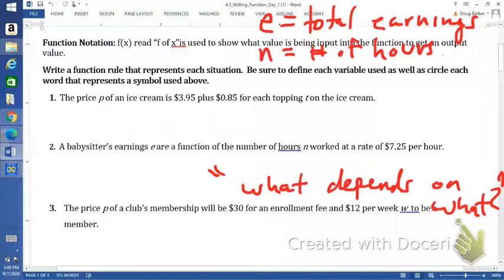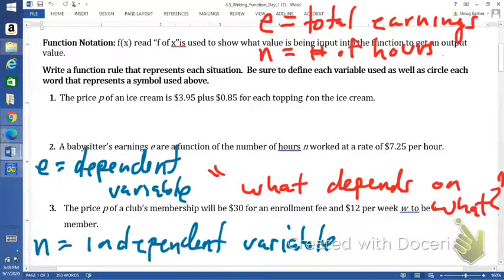Or does it make more sense to say that your total earnings depend on the number of hours? If you say the second statement makes more sense, you're correct. Total earnings depends on the number of hours you worked. So because of that, E is your dependent variable and n is your independent variable.